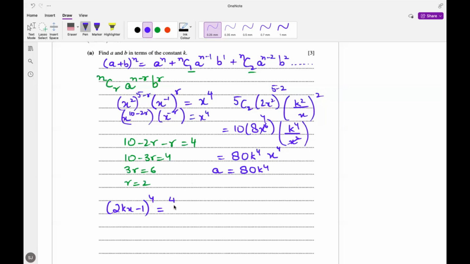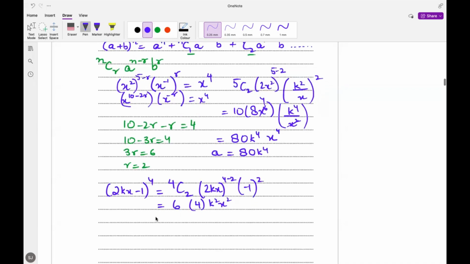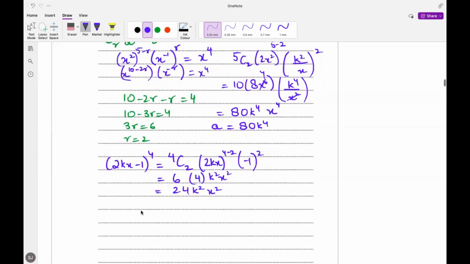So we'll write it as 4C2 into (2kx)^(4−2) into (−1)^2. 4C2 is 6. 2² will become 4 into k² into x², and (−1) whole squared is 1. So the coefficient of x² will be 24k². Now, as the coefficient of x² was b, the value of b will be equal to 24k².